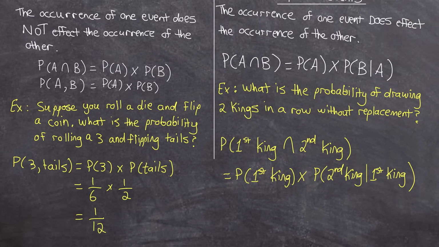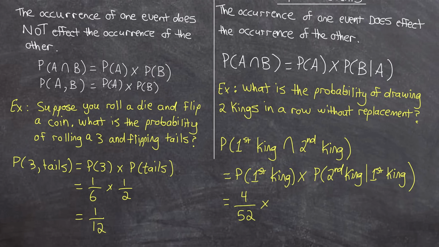And now let's figure out those probabilities. What's the probability, from a standard deck of 52 cards, that the first card you draw is a king? There are 4 kings in a deck of 52 cards, so the probability is 4 out of 52. That gets multiplied by the probability that the second card you draw is a king, given the first card you drew was a king.